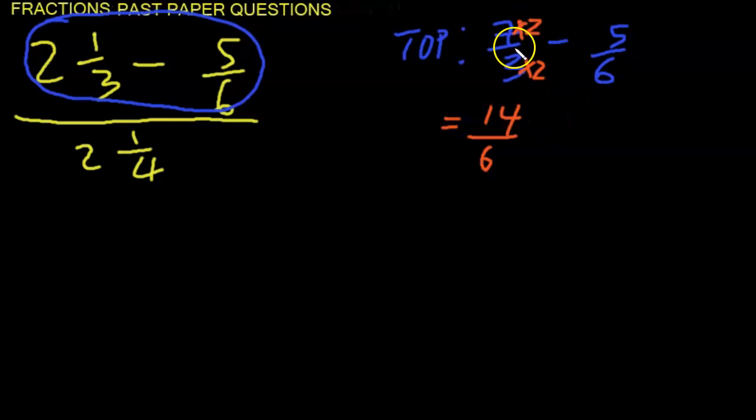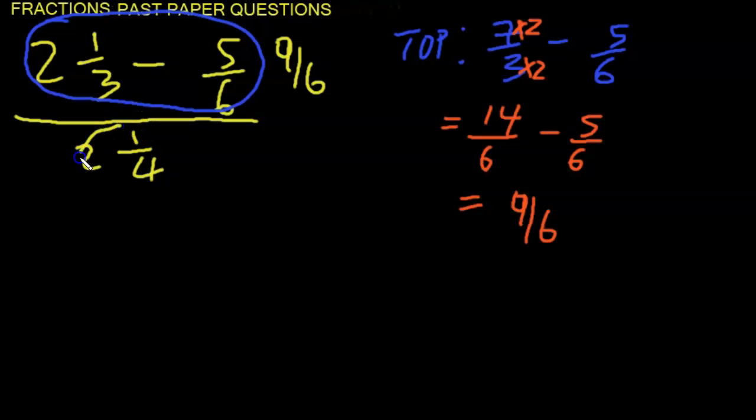So 7 over 3 is rewritten as 14 over 6 minus 5 over 6. 14 over 6 minus 5 over 6 is 9 over 6. So the entire numerator, 2 1/3 minus 5 over 6, worked out to be 9 over 6.